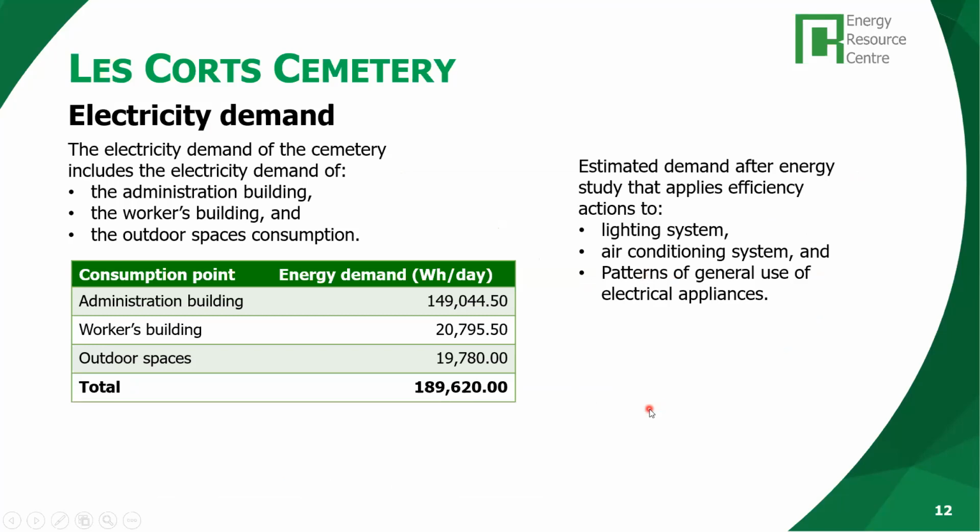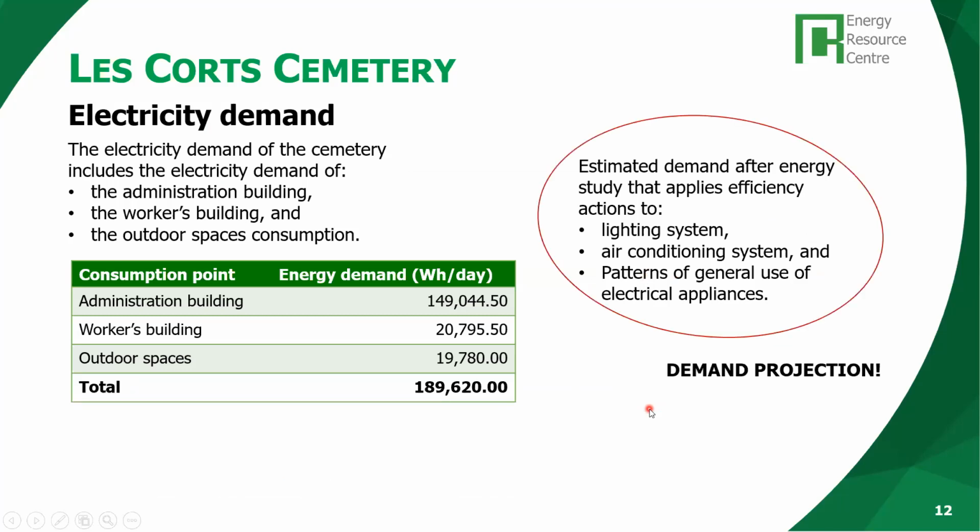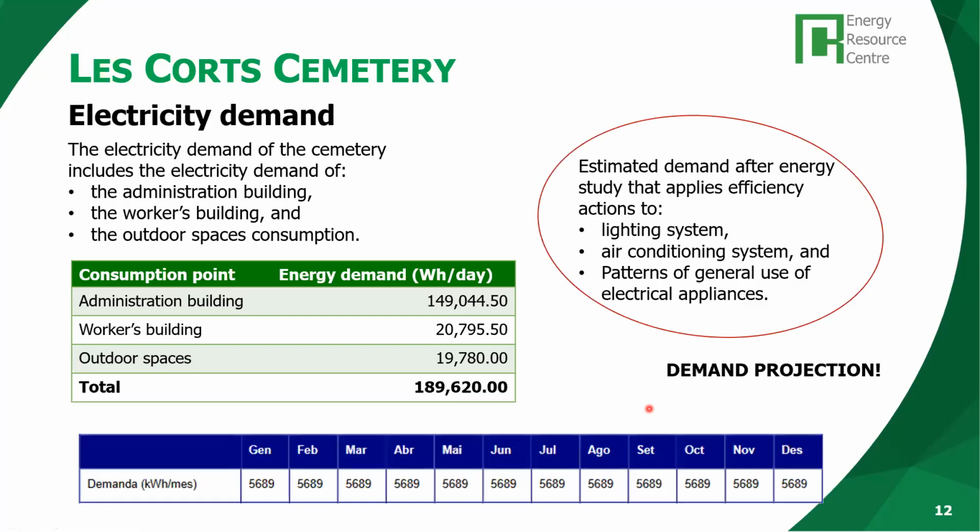So the electricity demand was analyzed by Arnau, and they concluded a total consumption of about 190 kilowatt hours every day, on average. That was taking place in the cemetery, basically due to the administration building, the offices and the facilities there.